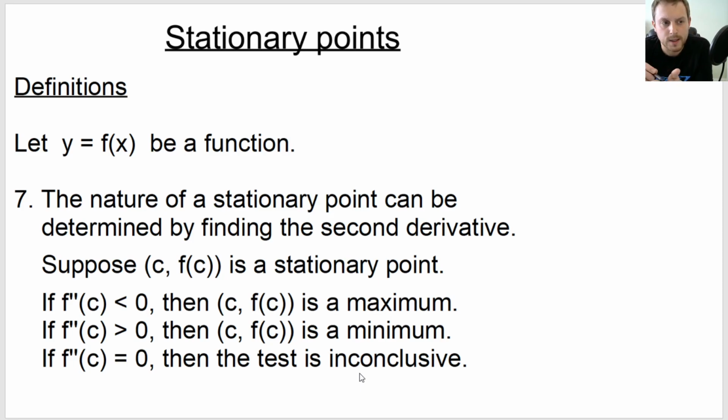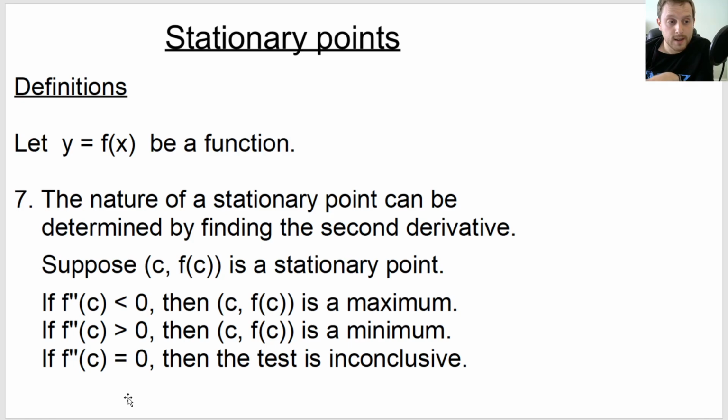That's the point. If f double dash, or d2y by dx squared, is 0 at that point, there is no way of telling what sort of stationary point it is. I'm going to illustrate some examples where on the one hand it could be this, and on the other hand it could be something else, so hopefully that will illustrate why. But it's really important that you remember that for the second derivative test, if you get 0, you can't tell.